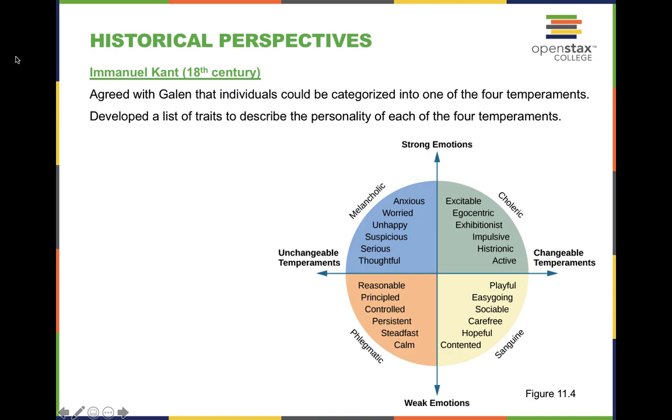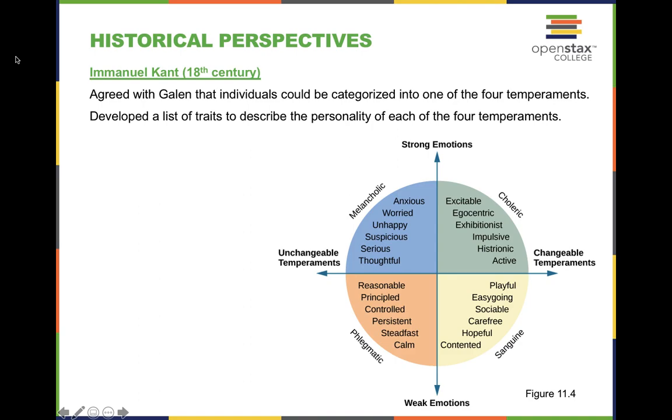These individuals are excitable, egocentric, exhibitionist, impulsive, histrionic, which means dramatic, as well as active. Now, sanguine: these individuals are playful, easygoing, sociable, carefree, hopeful, and contented. For those who are more phlegmatic, these individuals are reasonable, principled, controlled, persistent, steadfast, and calm.